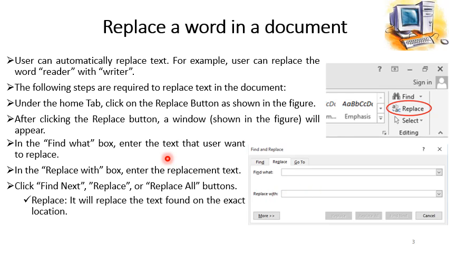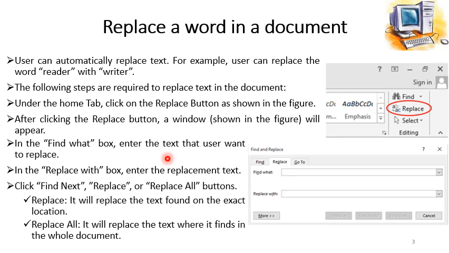Replace will replace the text found on the exact location, and Replace All will replace the text where it finds in the whole document. So it's very easy. We will demonstrate these things practically.